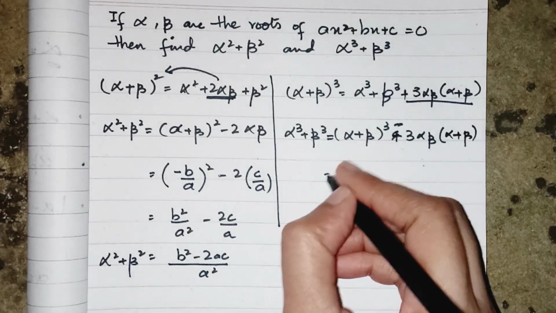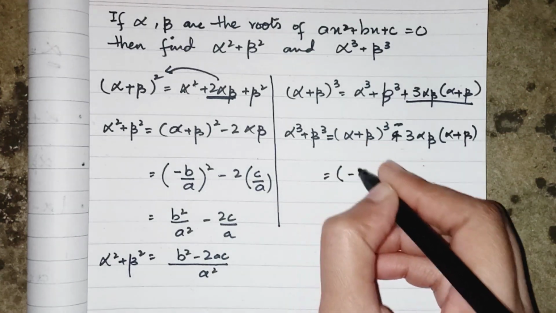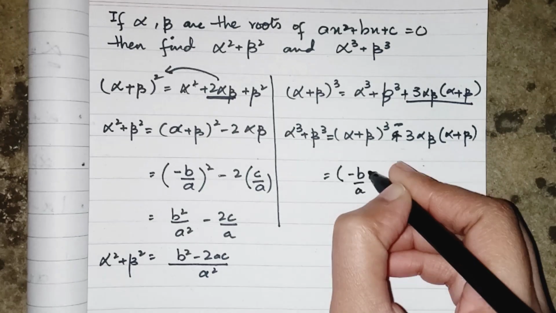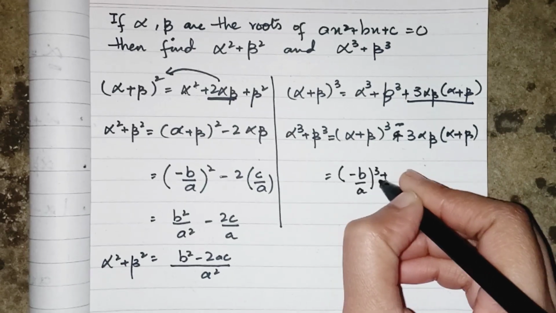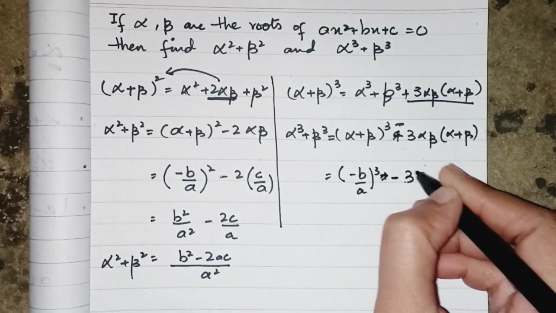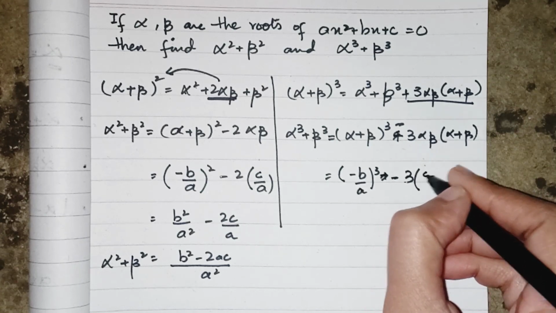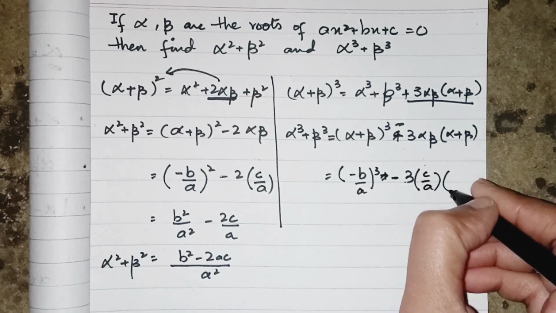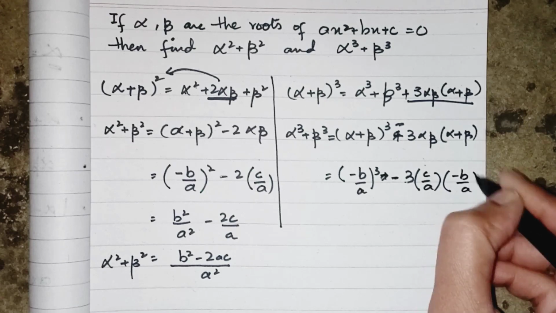Now we know the value of alpha plus beta. The value of alpha plus beta is minus b upon a, whole cube, minus 3 times the value of alpha beta, which is c upon a, and alpha plus beta again minus b upon a.